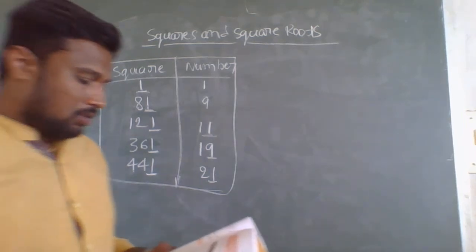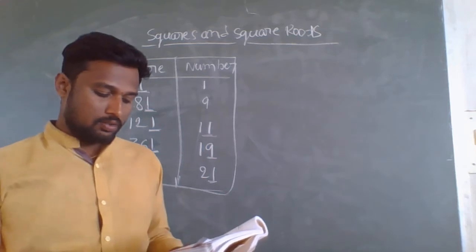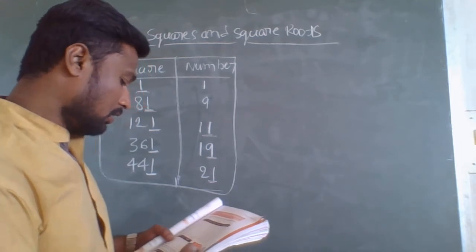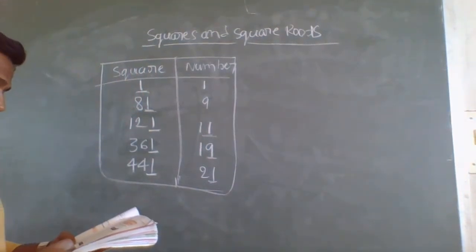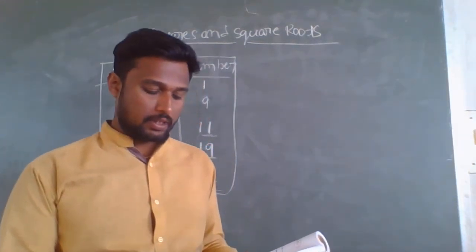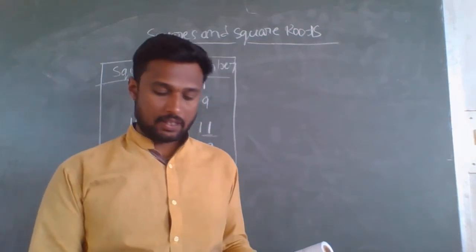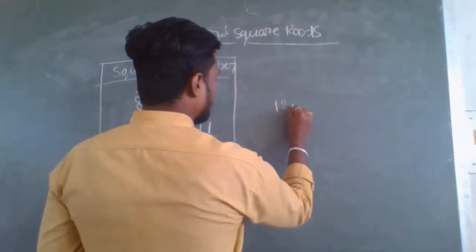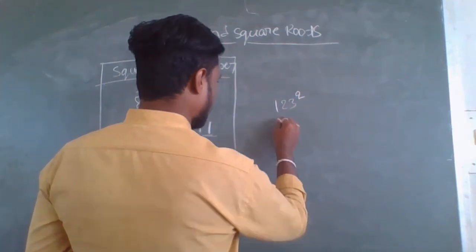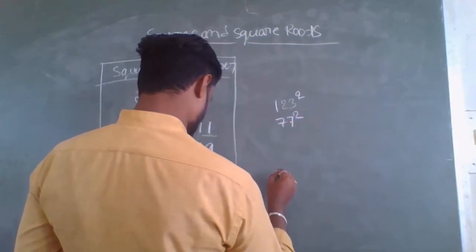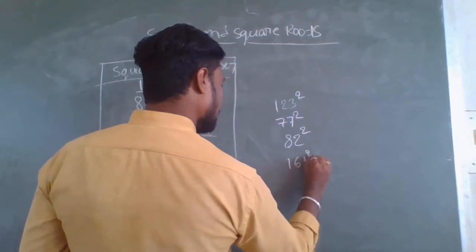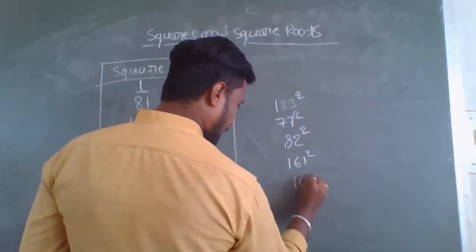So now they have given some problems to try. Try this: 123 square, 77 square, 82 square, 161 square, 109 square.